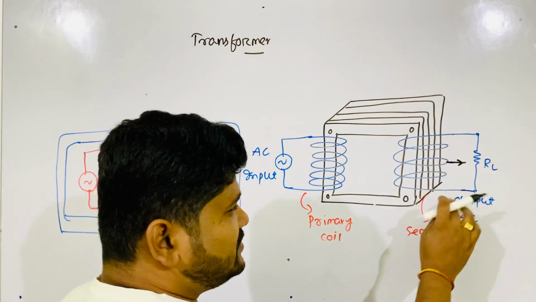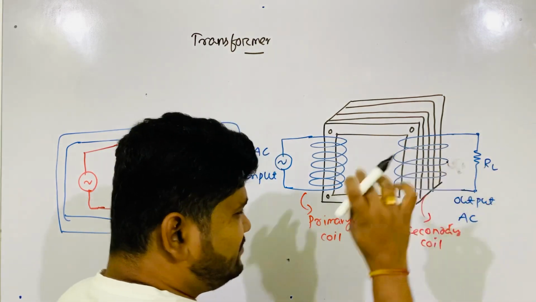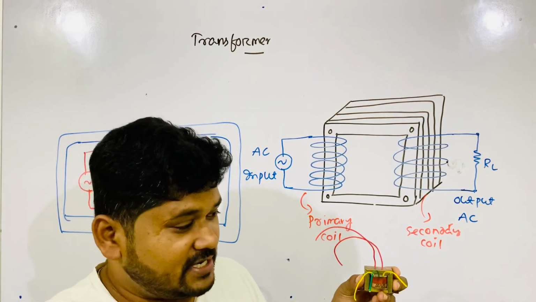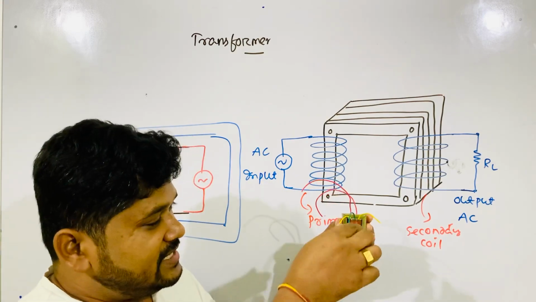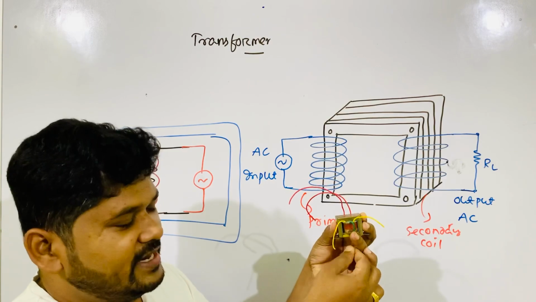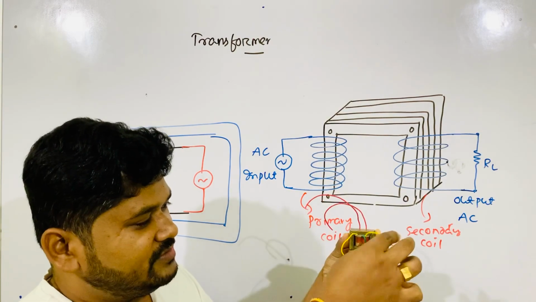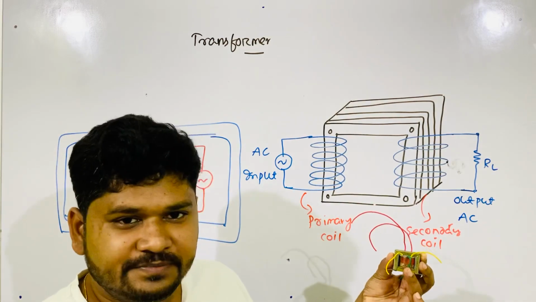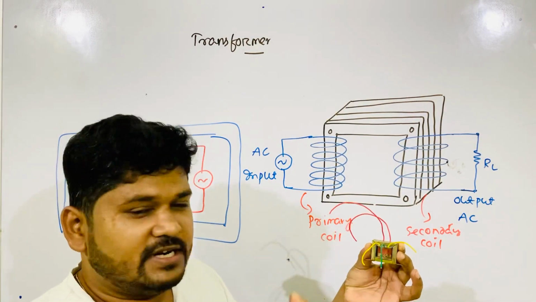I am not going into more detail about that. You will understand it in another chapter. If I hide this terminal, then nothing will happen, and now two terminals are there. This is just a transformer. If this terminal is there, it is a center tapped transformer.